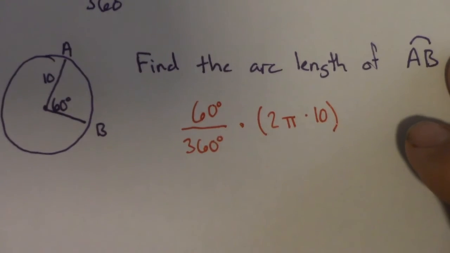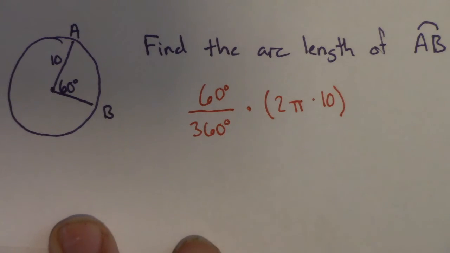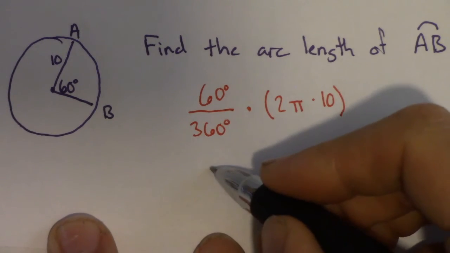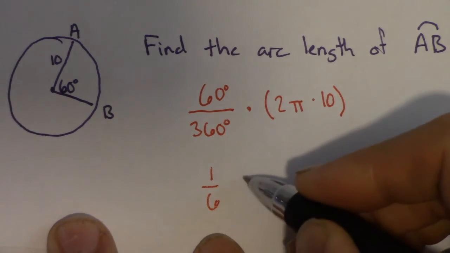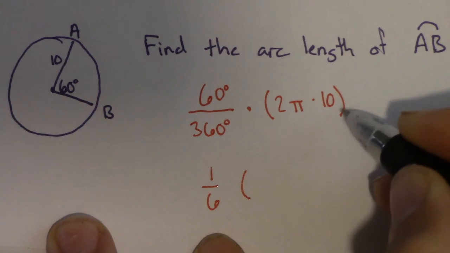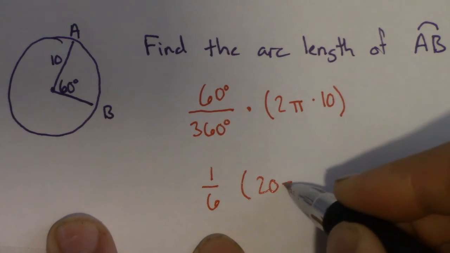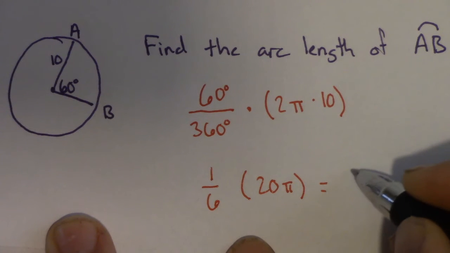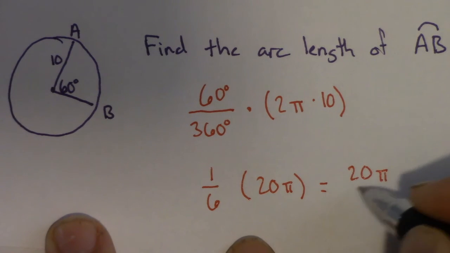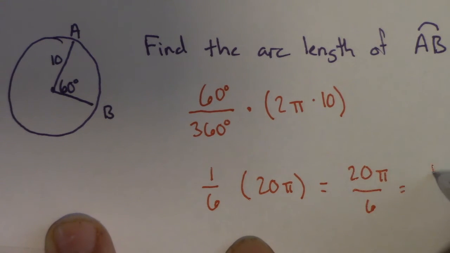Okay? So if I do a little simplifying with this, 60 over 360 is 1/6. 2 pi times 10 gives me 20 pi. So I end up with 20 pi over 6, or 10 pi over 3 units.